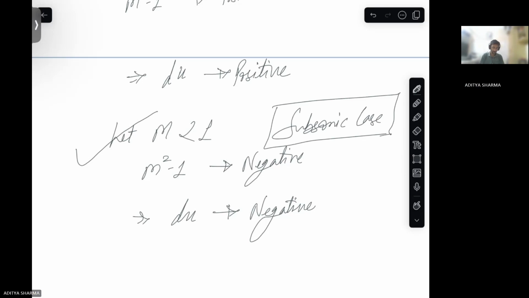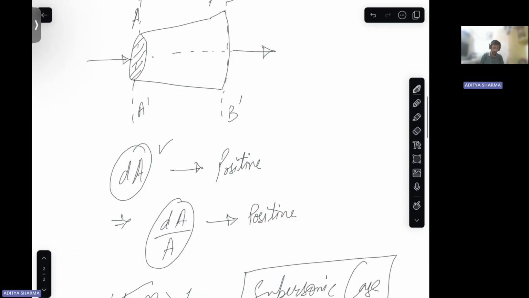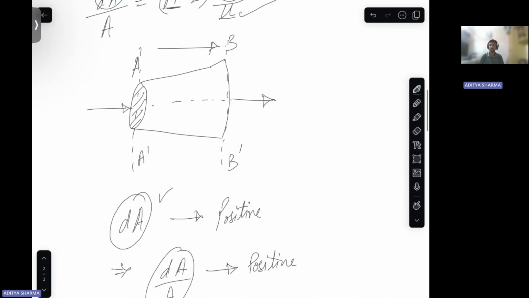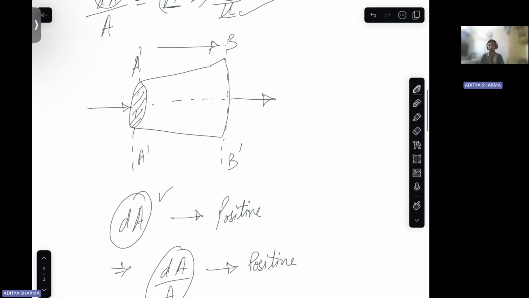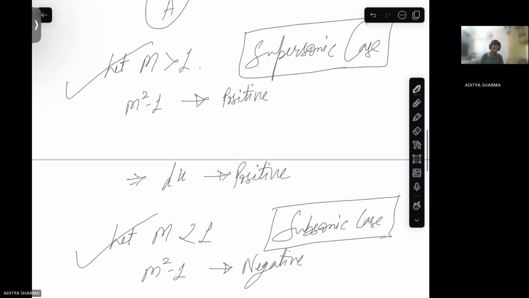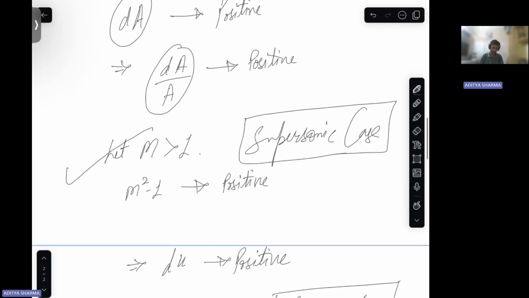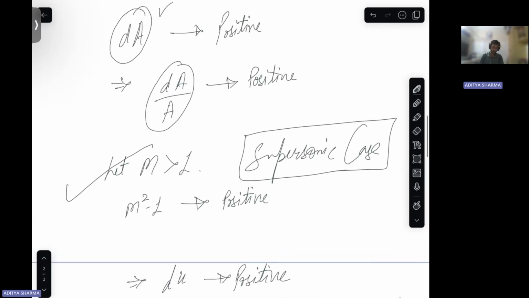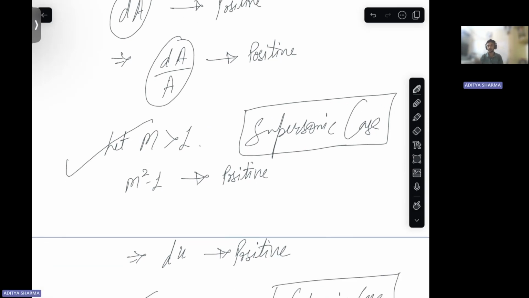Okay. So this essentially means if your duct is divergent, right? It is diverging. Okay? This is converging, this is diverging. So if your duct is diverging, in that case, what will happen? If the flow is supersonic, then it will further become supersonic.